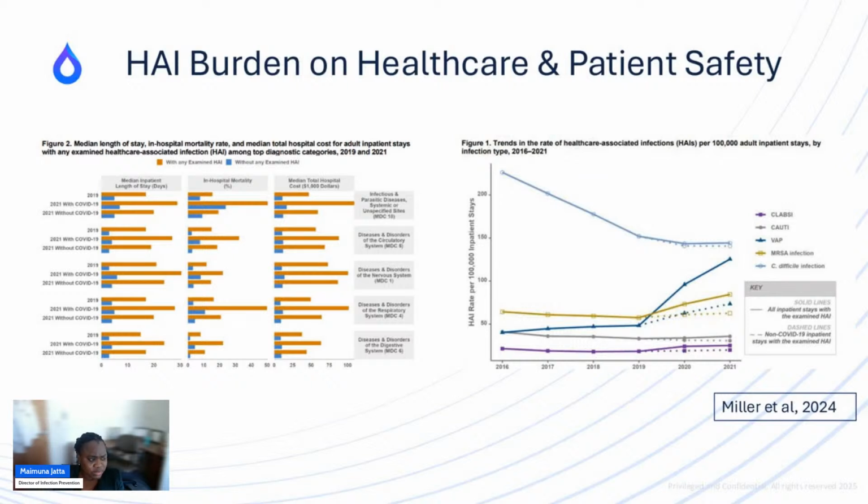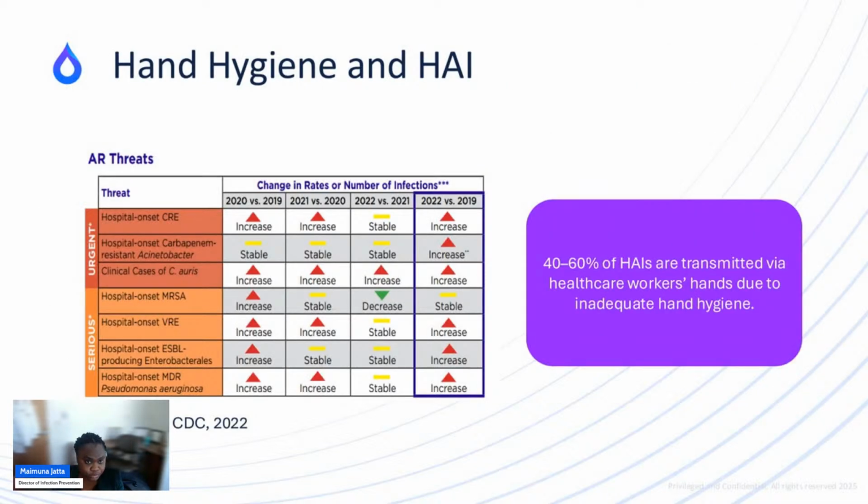Some HAIs like CLABSI and CAUTI remain relatively stable, but have not decreased, and they still present significant patient safety threats. HAIs directly affect patient safety and quality of outcomes, and can be a financial burden depending on how long that extended stay in the hospital is.